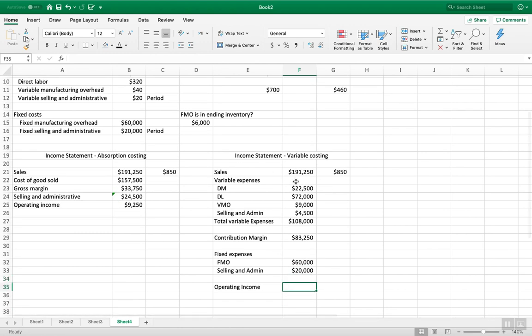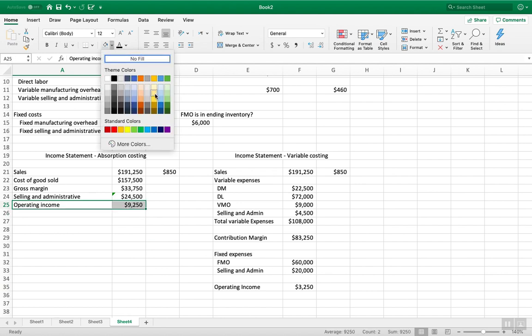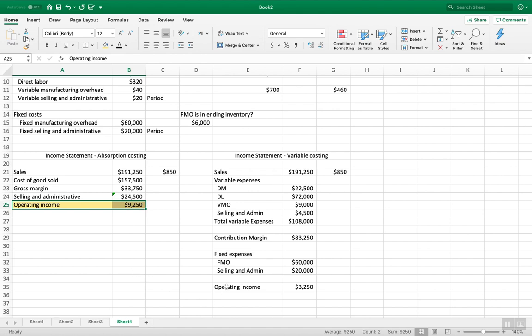Notice we didn't do it by unit as we did before because now we're using variable costing. And so then our operating income is our contribution margin minus our fixed manufacturing overhead minus our fixed selling and administrative.